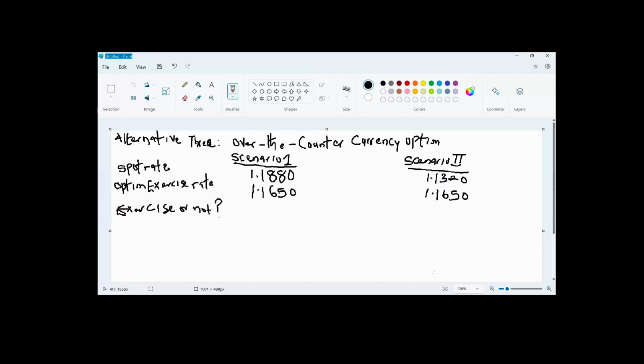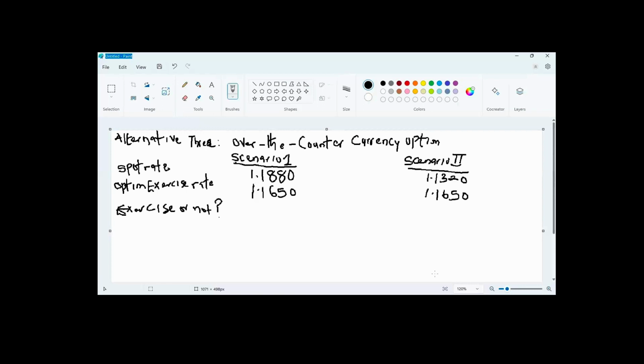If you look at scenario 1, I have a choice to convert 70 million Kudi at 1.1880 or at 1.1650. How do I know which one to pick? If you are dealing with indirect quotes, the lower the rate, the better the receipt for you.